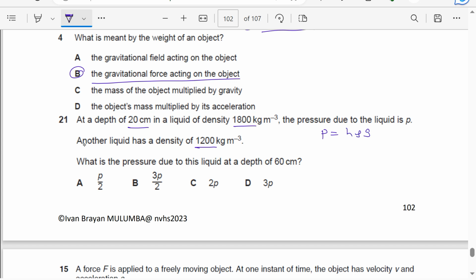I will not change the units of h. So P is going to be 20 centimeters times the density, which is 1,800, times g. I will not even substitute g. Then for the second liquid, the pressure P2 is going to be, at the depth of 60 centimeters, the density is 1,200, then times g.